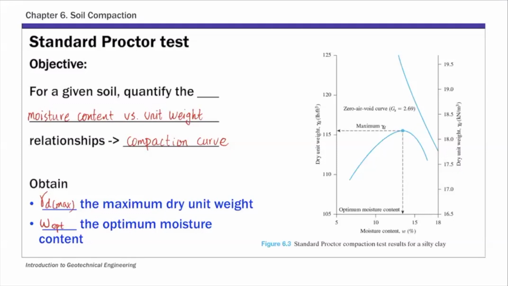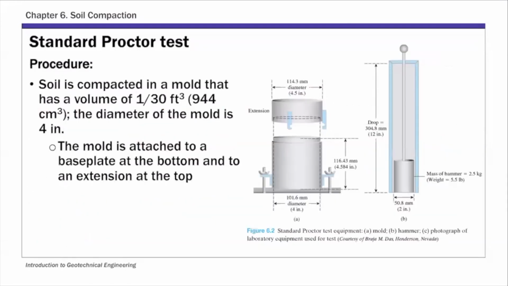And next, I want to describe in a little bit more detail what this Proctor test looks like. That's something you're going to practice in the lab. On the right-hand side, this shows the standard Proctor test equipment. You have a mold here, that's where you're going to put compacted soil in.